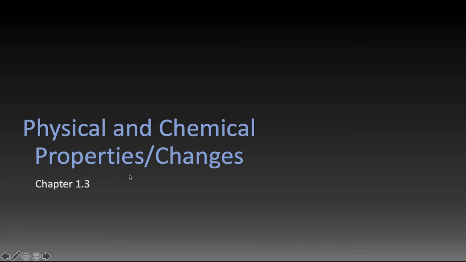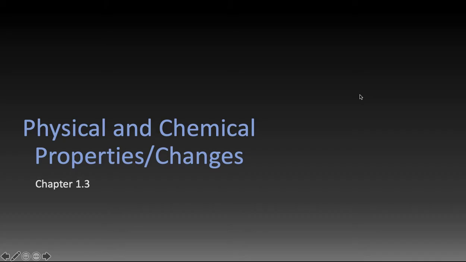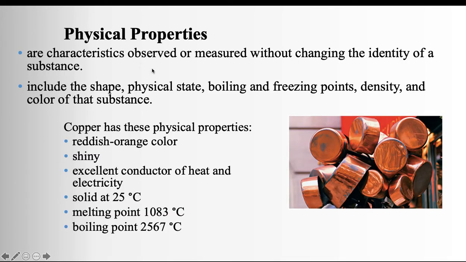Now, physical and chemical properties, or physical and chemical changes. These go along with some of the phase changes that we were talking about, at least the physical part. Now let's talk about physical properties. These are properties of matter that are observed without changing the identity of a substance. It remains the same.